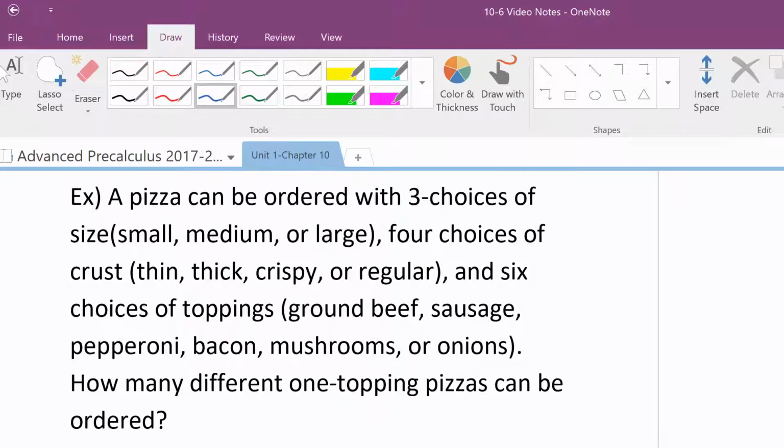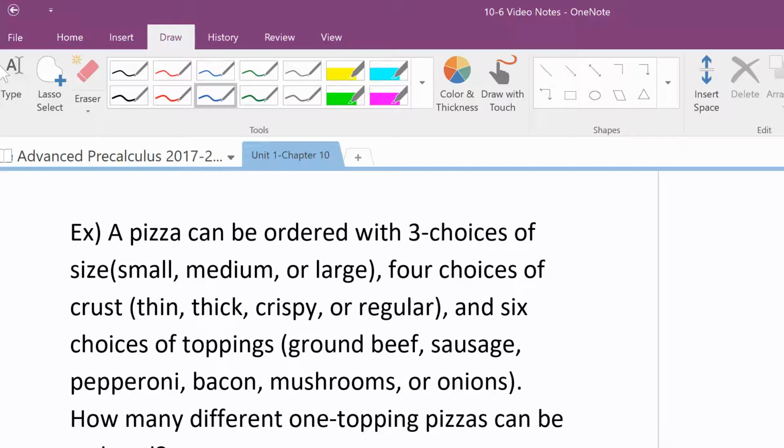If you have a pizza that can be ordered with 3 choices of size, so you could do small, medium, or large, 4 choices of crust, thin, thick, crispy, or regular, and 6 choices of toppings, ground beef, sausage, pepperoni, bacon, mushrooms, or onions, how many different one-topping pizzas can you make? So you're only choosing one of each thing.